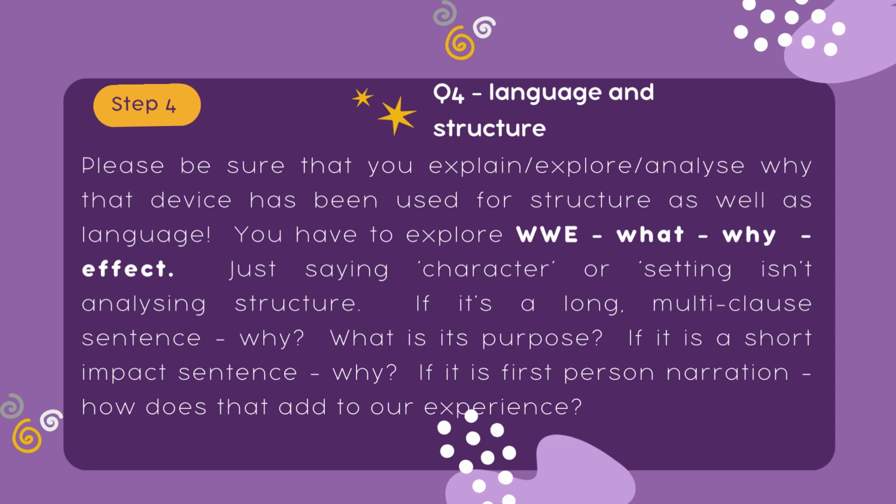What's its purpose? If it's a short impact sentence, why? If it's first person narration, don't just tell us first person narration, but how does it being first person narration add to your experience of that character's experience in the story? So language and structure: we're analysing language and we're exploring the structure, the shape of the story from the beginning to the middle through to the end.